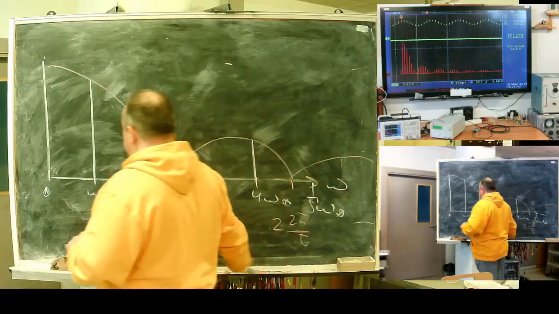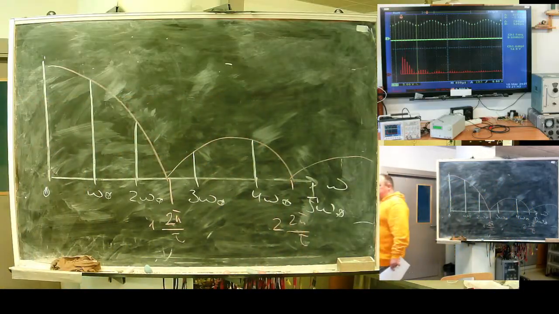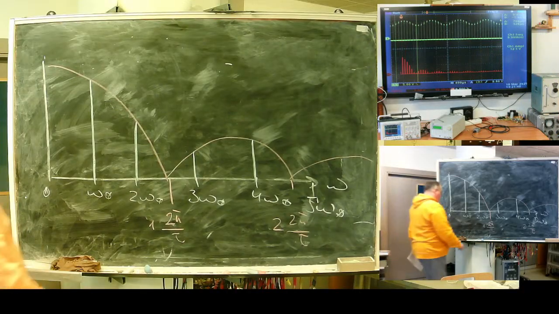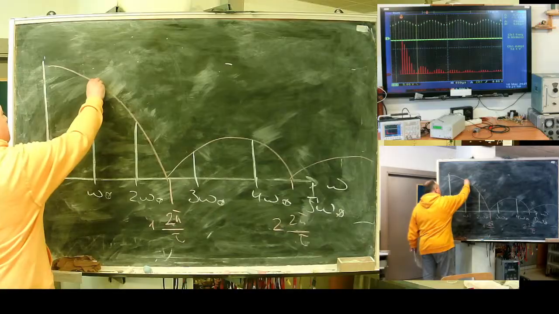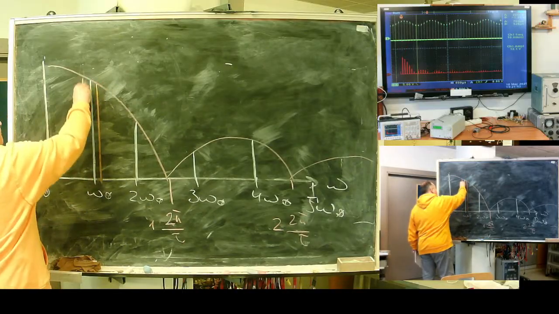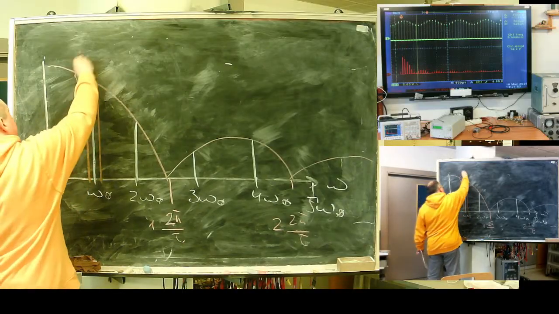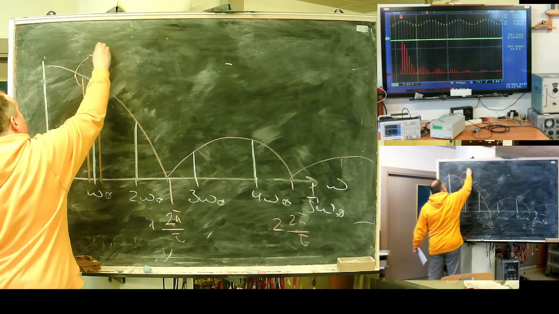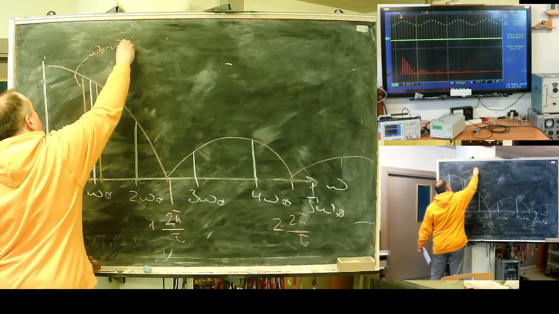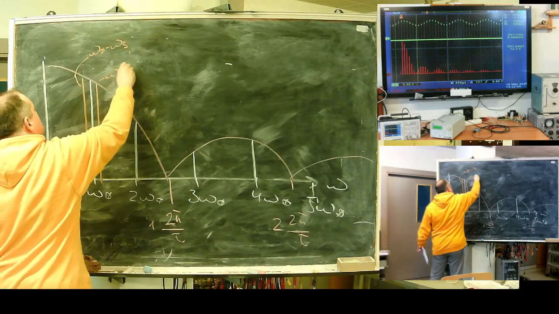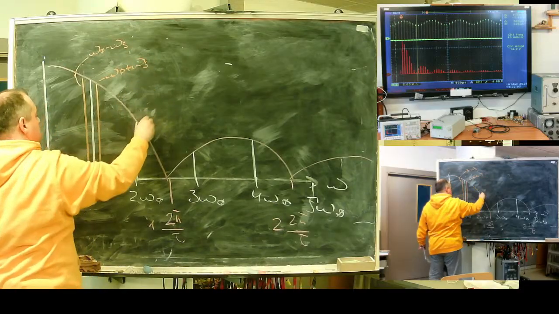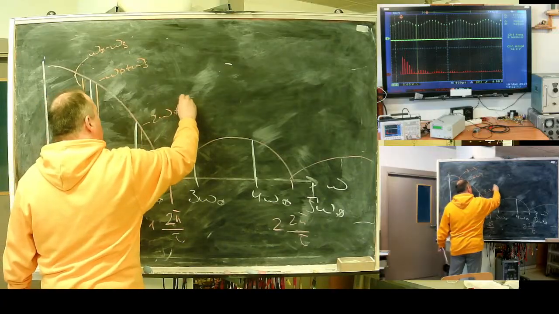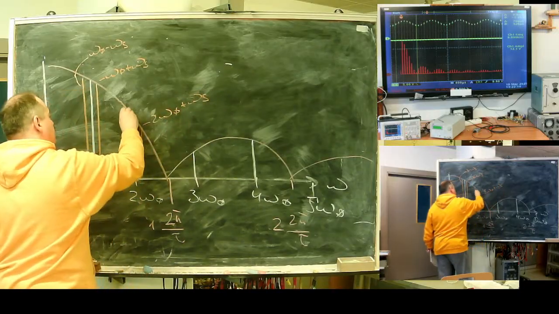Now, these blue are the spectral lines of the carrier sequence. And near them omega 0 minus omega s, omega 0 plus omega s. This one double omega 0 plus omega s.